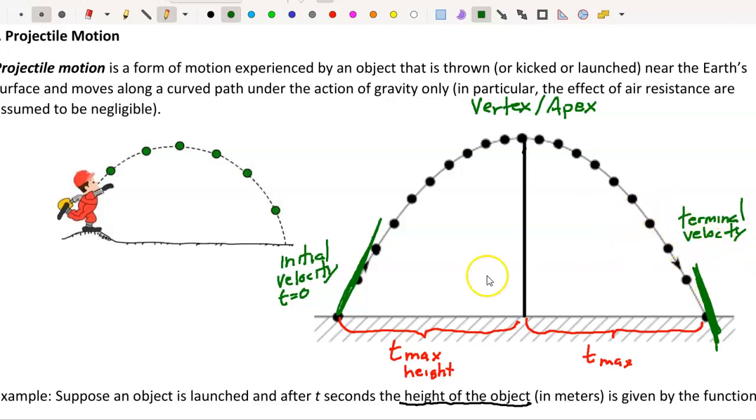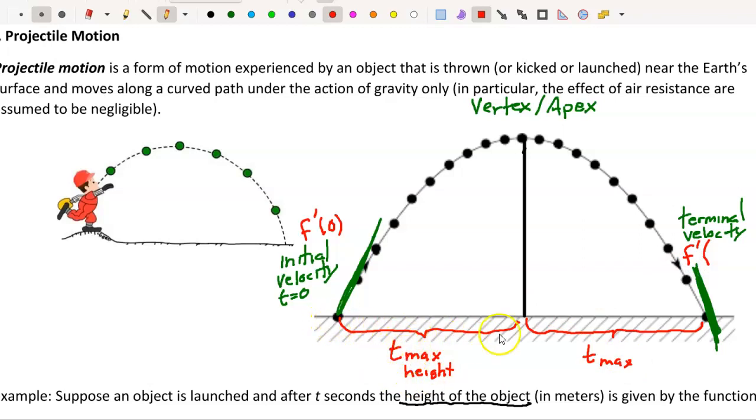So in this case, to find these, since it's velocity, we're going to use our derivative function. That would just be f prime of 0, because that's when it's taken off, at time equals 0. For terminal, it'd be whatever the total time is. So that's going to be f prime of 2 times whatever this max is.